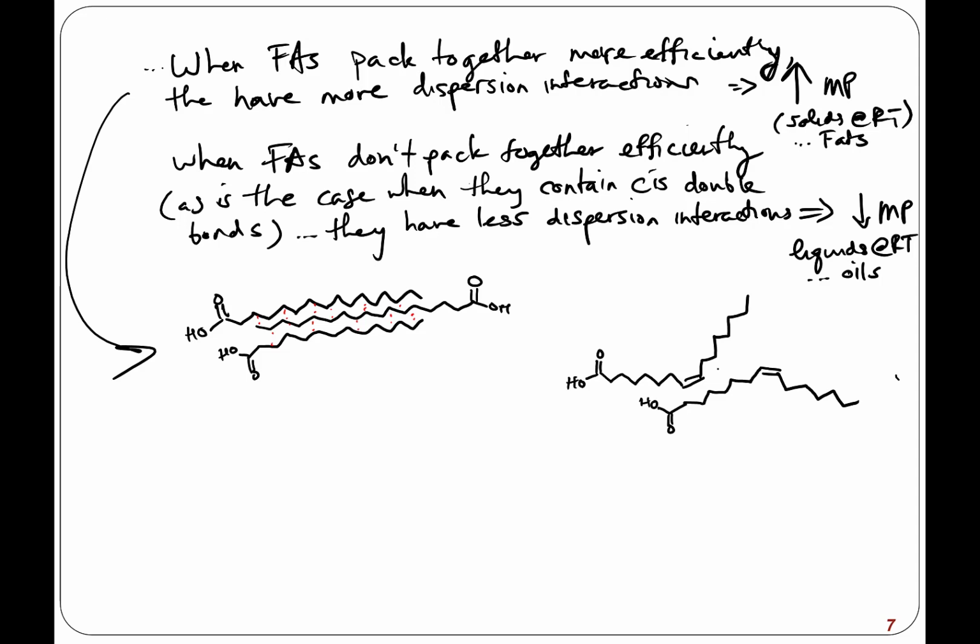And then maybe here's another one. Again, we're not worried about which ones these are or even counting carbons, but you see they just don't pack together quite as well. Now there still would be some dispersion interactions, but they might be weaker. The fatty acid chains might be farther apart in most cases. They just don't pack together as well. So this situation is the one described right here.